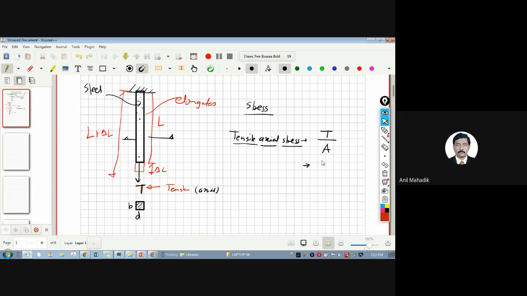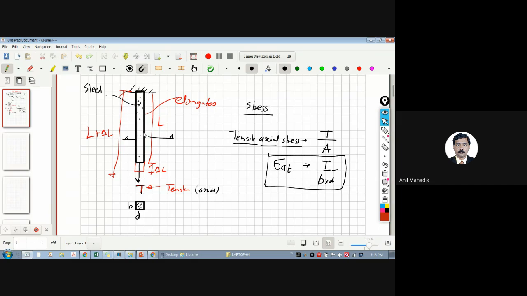For example, in this case, it will be T upon B into D. So this will be your actual tensile stress. Generally, we denote this as sigma A T. Sigma is stress, A is axial, T is tension. So this is axial tensile stress, and this stress will develop in the member.